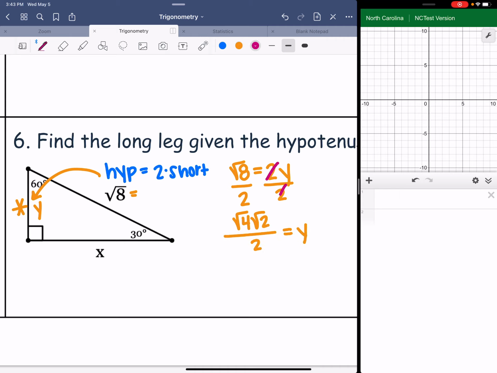So far I've crossed out those 2's and I've just changed the square root of 8 to be root 4 root 2. Now I can simplify the square root of 4 is just 2. Root 2 over 2 equals y. So many 2's. Now 2 over 2 is just 1, so they cancel. And we have that y is just equal to the square root of 2.